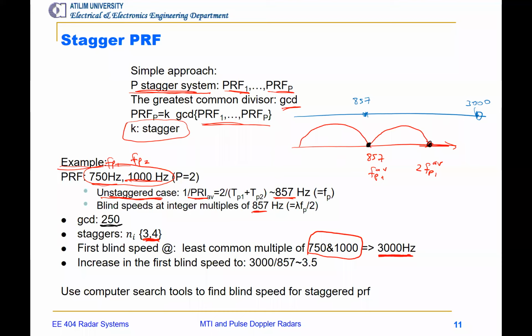You see? So we push it 3.5 times ahead. This is quite a good method then, right? If we increase the number of PRFs, we expect to increase this, of course. For example, if we take another combination of these two, we can add one more and then increase this to 4 kilohertz, 5 kilohertz, or 8 kilohertz.